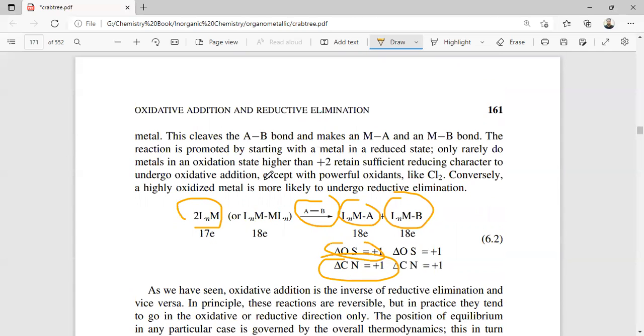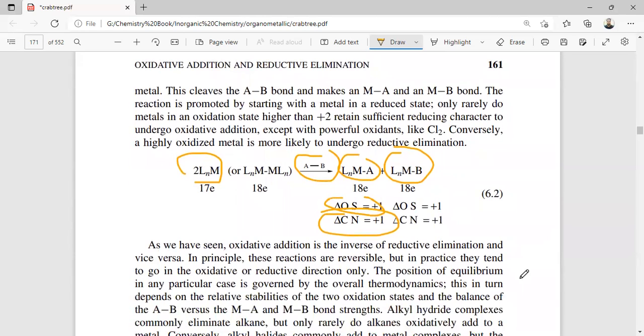The cleavage of the A-B bond and the formation of M-A and M-B bonds is promoted by starting with a metal in a reduced state. So only rarely do metals in high oxidation states have sufficient reducing character to undergo oxidative addition, except with powerful oxidizers like Cl2. Conversely, a high oxidation state metal is more likely to undergo reductive elimination.